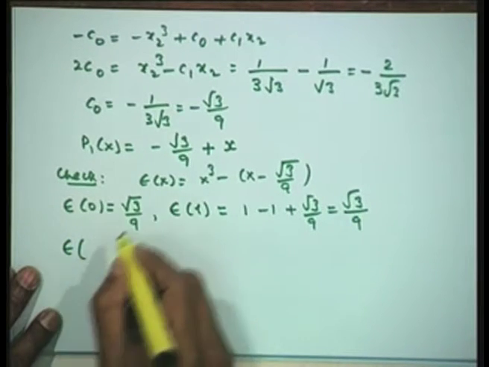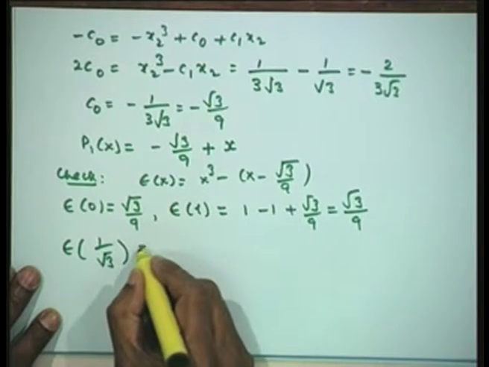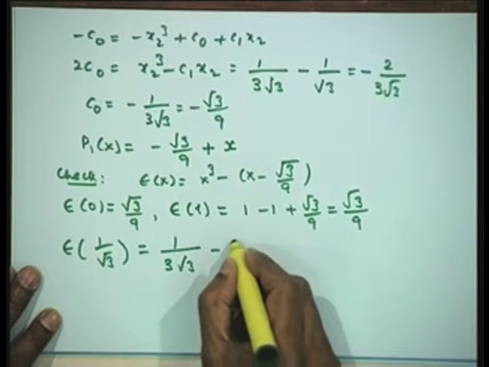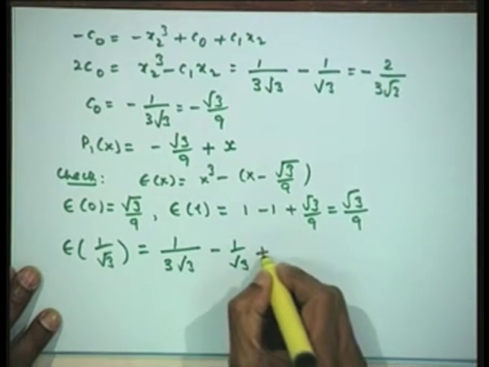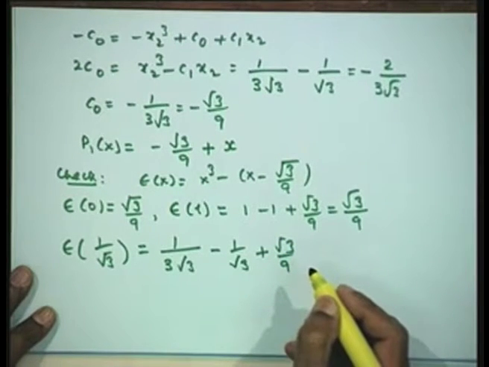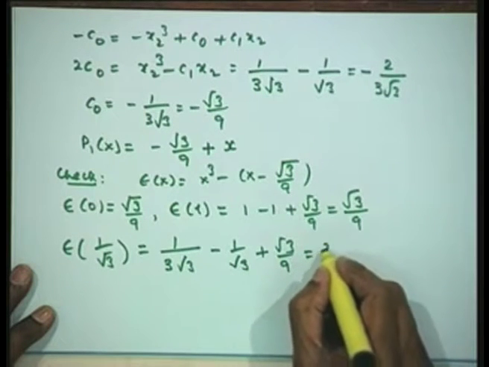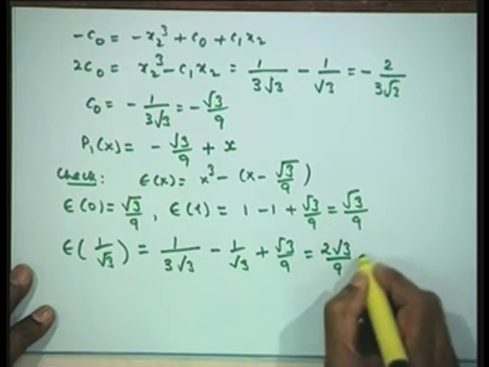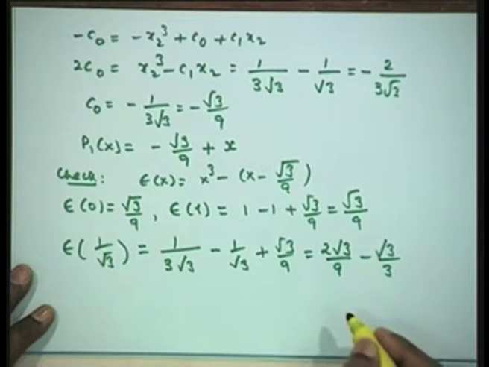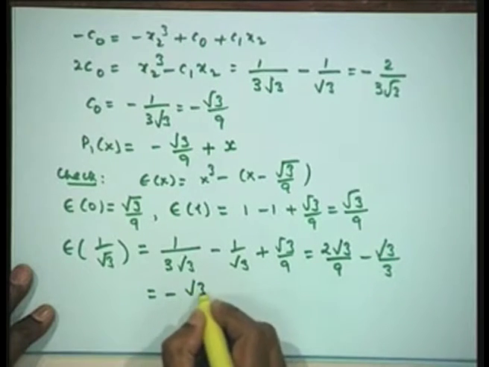Then x 2 is 1 upon root 3. So, this gives me 1 upon 3 root 3 minus 1 upon root 3 plus root 3 by 9. So, this is root 3 by 9, this is root 3 by 9. So, I can write this as 2 root 3 by 9 minus root 3 by 3. So, this gives you minus root 3 by 9.